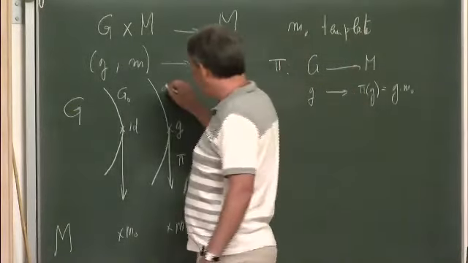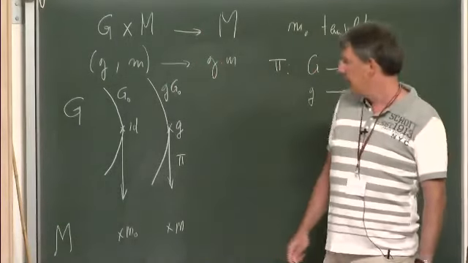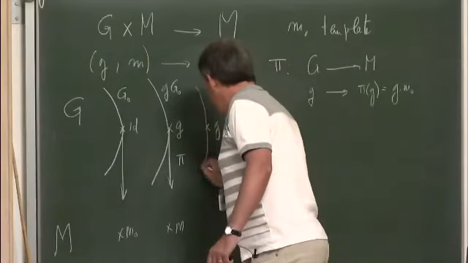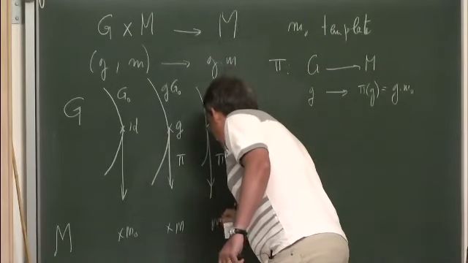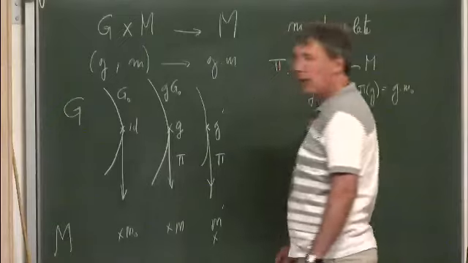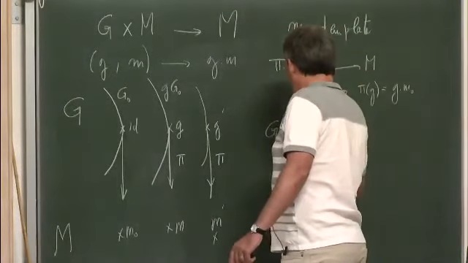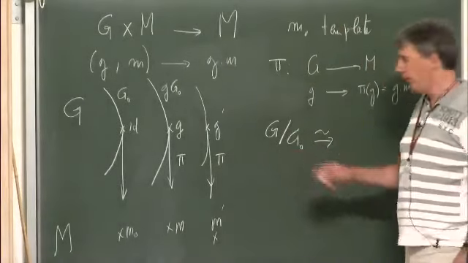So this fiber is in fact G0. I can have another one like that, projecting now on M prime. So in this situation, what I have is a bijection between the quotient of this group and M.